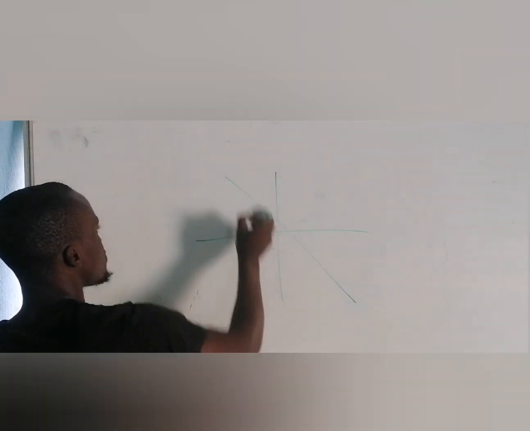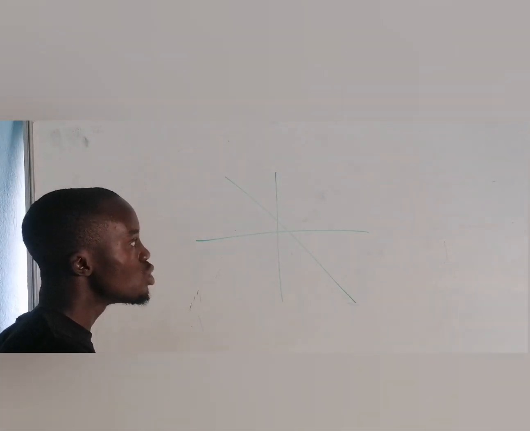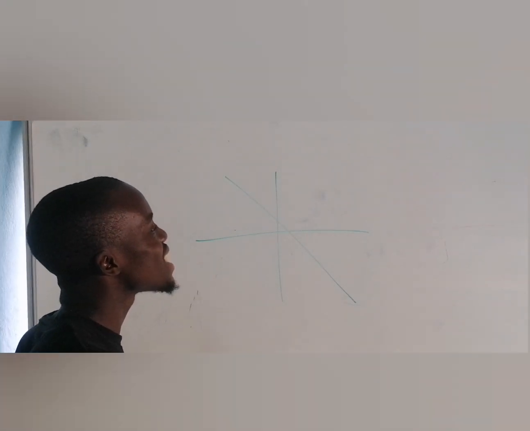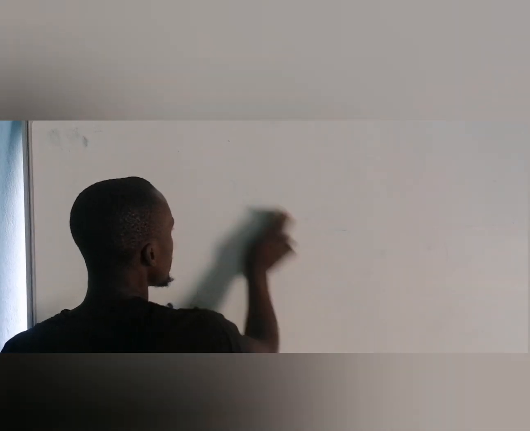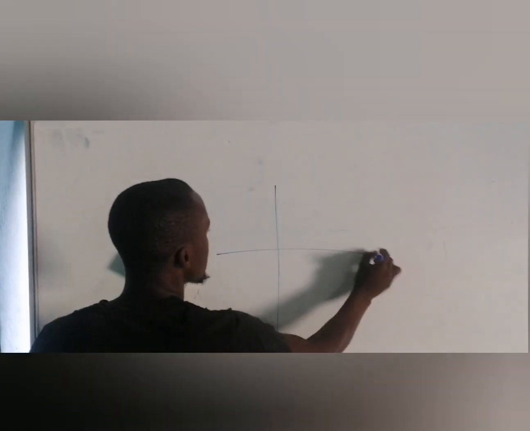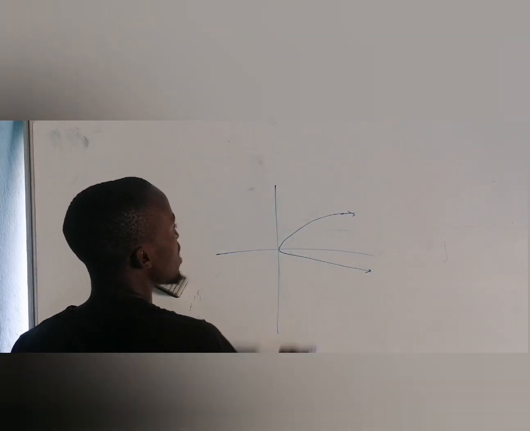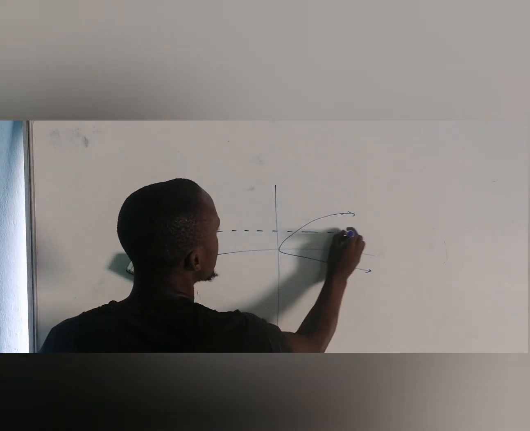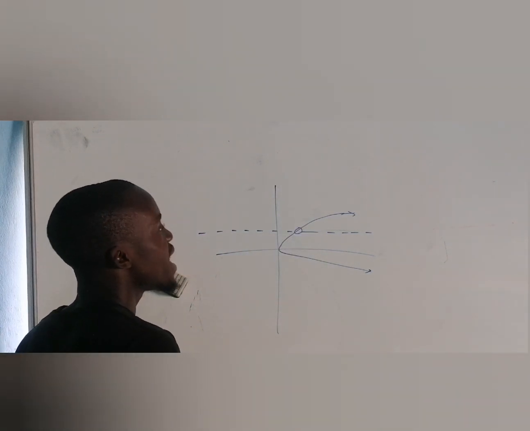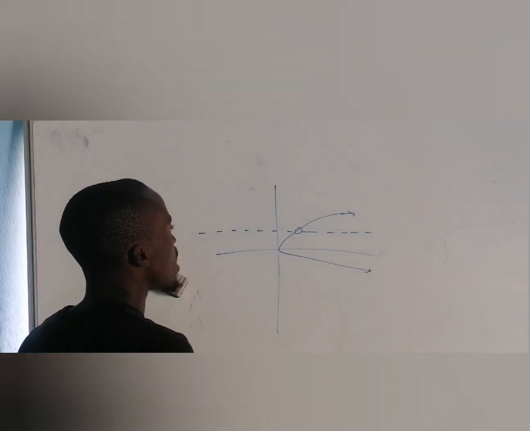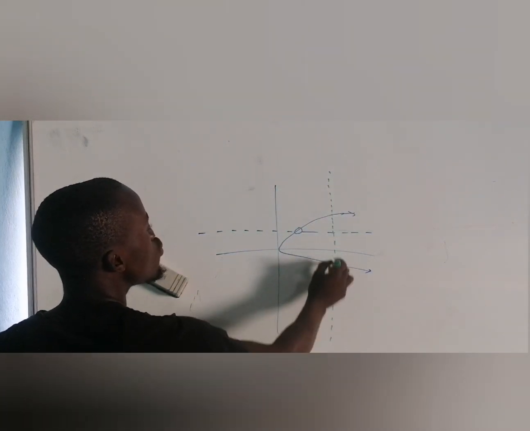Let me give you this one. To prove if it's a function, remember the first thing to do is to use the vertical line test first. Why am I saying that? Let me say you have this type of graph, and you use the horizontal line test before the vertical line test. You will say this is a many to one function, yet this is not a function. Why? Because the vertical line test touches the graph 2 times.